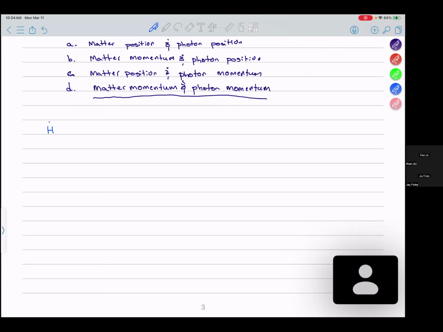Here I'm going to write H hat prime, that's our transformed operator, is equal to U hat acting on our original operator, which I'll write H hat p dot A, multiplied by U dagger.